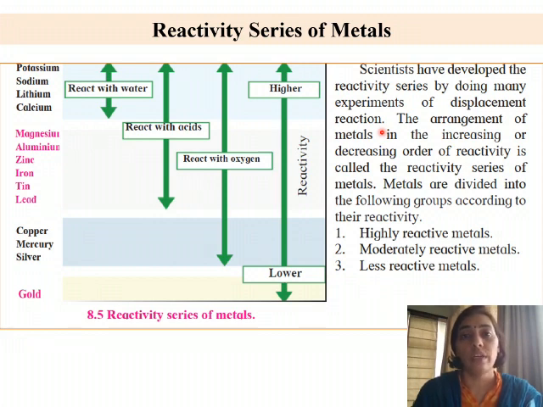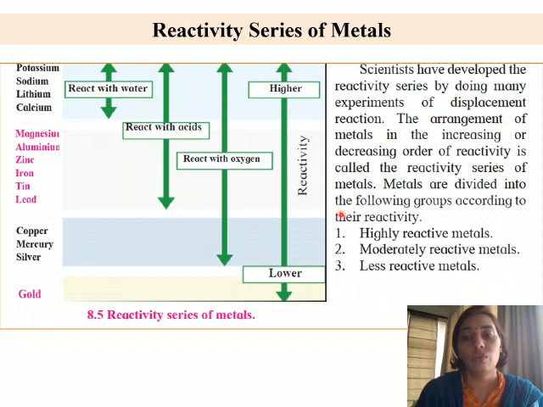So through performing various displacement experiments, this reactivity series of metals has been prepared by the scientists, and they have arranged the metals in their decreasing order of reactivity here. The arrangement of metals in the increasing or decreasing order of reactivity is called the reactivity series of metals.